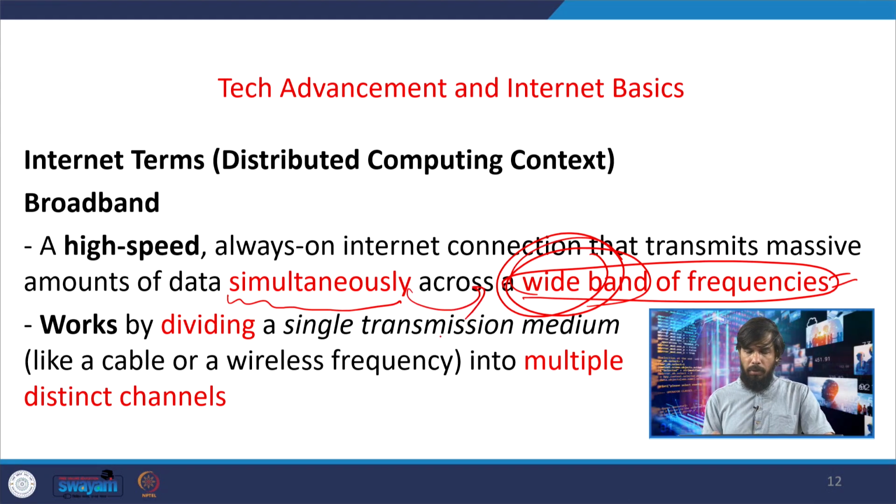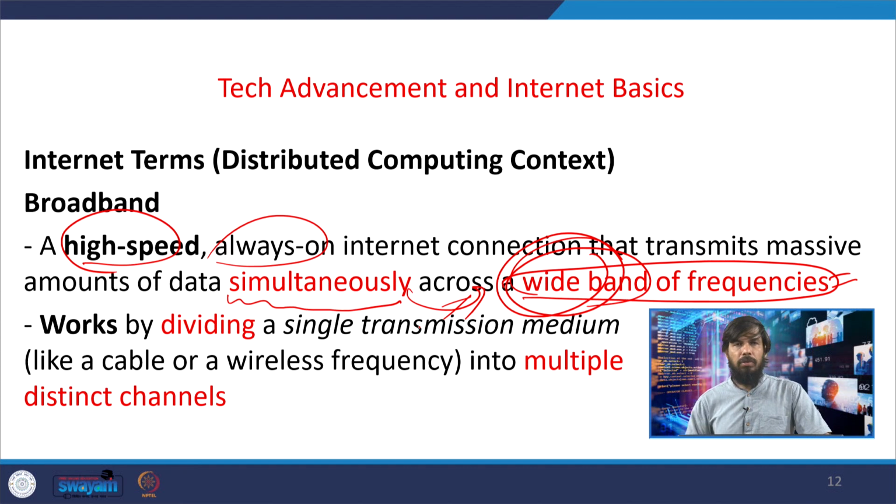Because there is a wide band of frequencies and through these different channels the data can be transmitted simultaneously, it improves the speed. So, it becomes a high speed always on internet connection, and the main technology behind broadband is actually this simultaneous use of a wide band of frequencies, right.